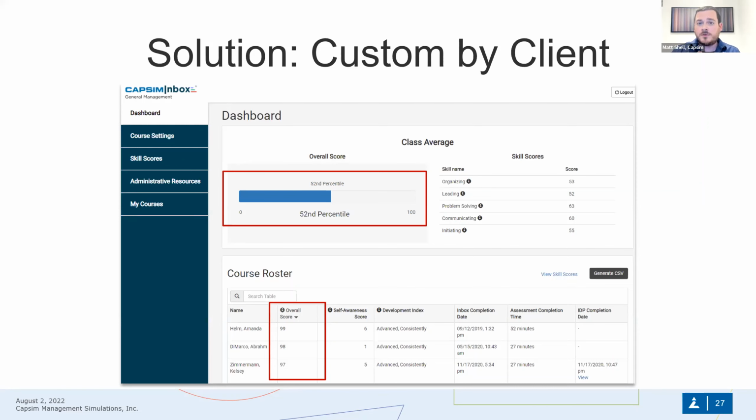And for Yellow, they really focused on two key areas here, starting with that bottom red square, where they were able to see the overall percentile score of each participant that goes through this custom experience. And in this case, again, contrary to Caterpillar, they were only being compared with other newly hired employees.